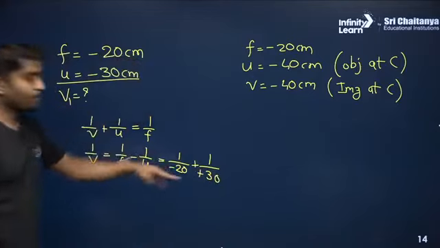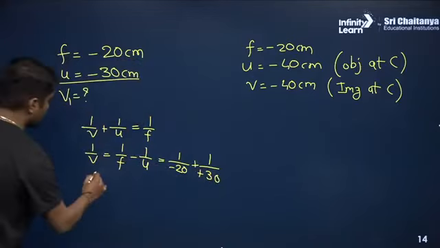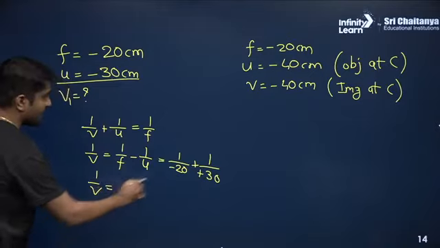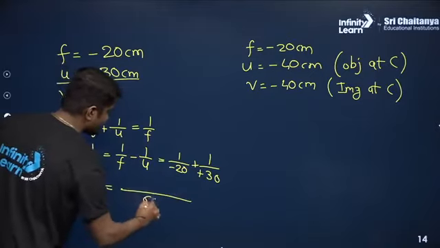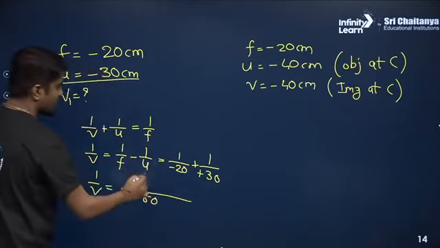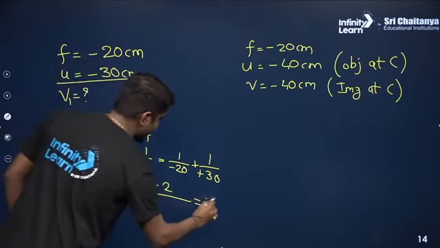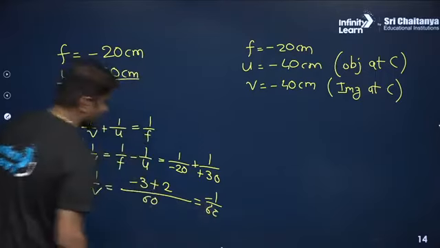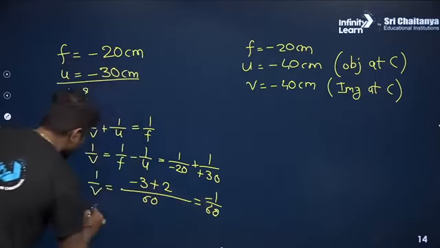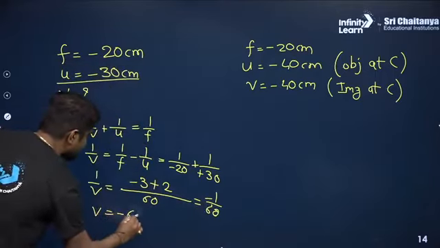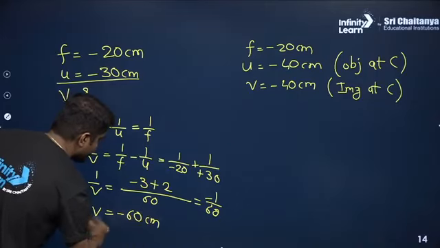So this will be positive. So 1 by V is going to be, LCM is 60 here, minus 3 plus 2, which is minus 1 by 60. Correct? So V is going to be minus 60 centimeter.